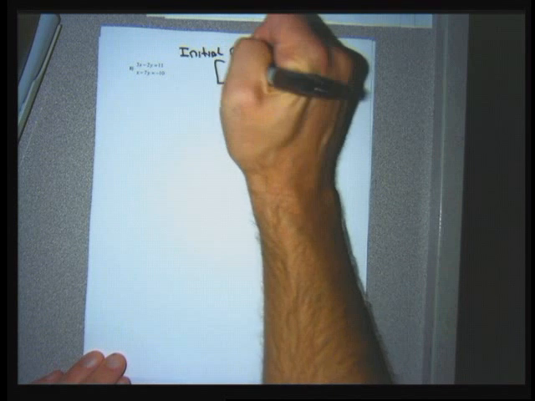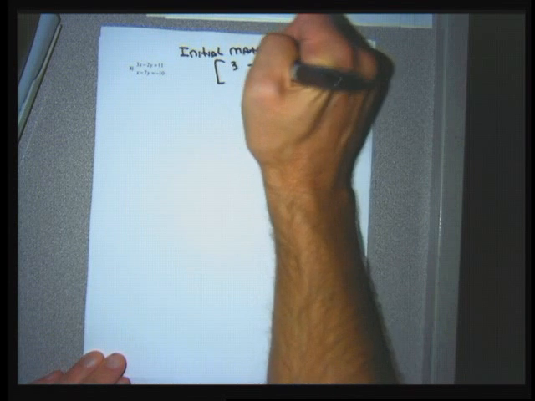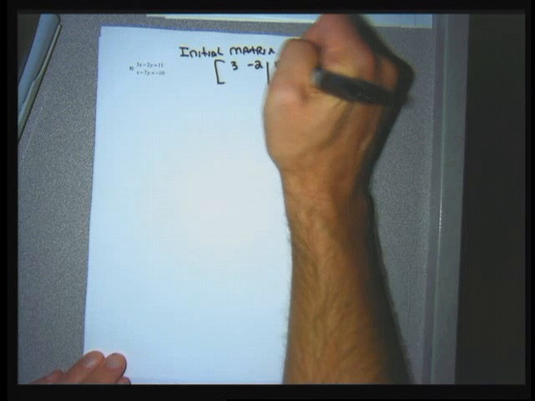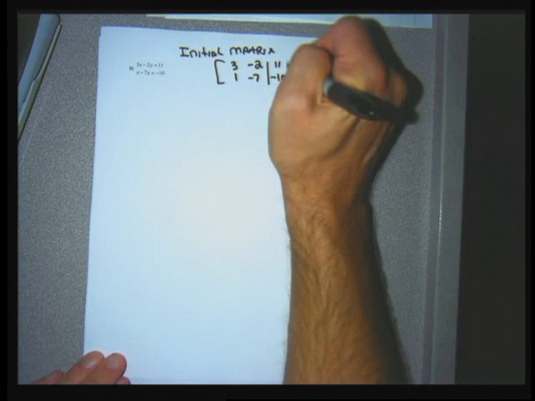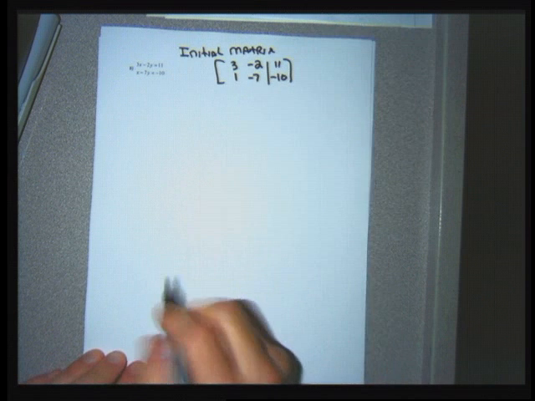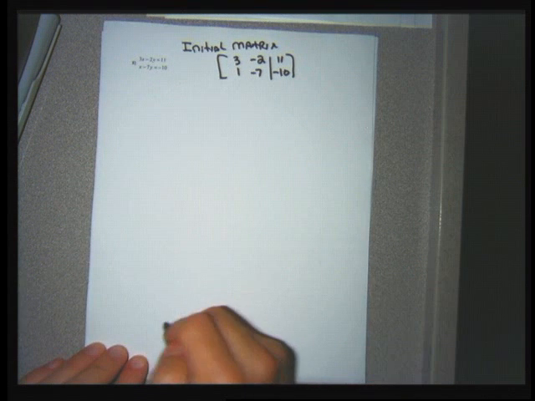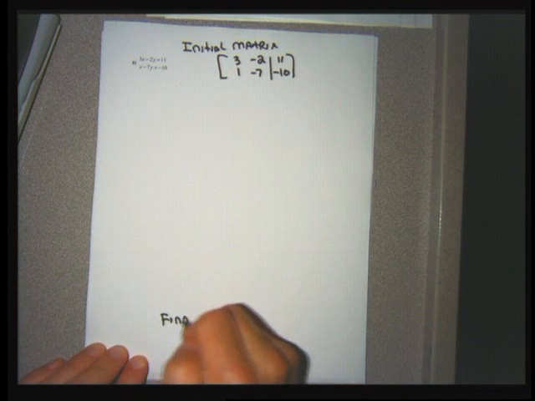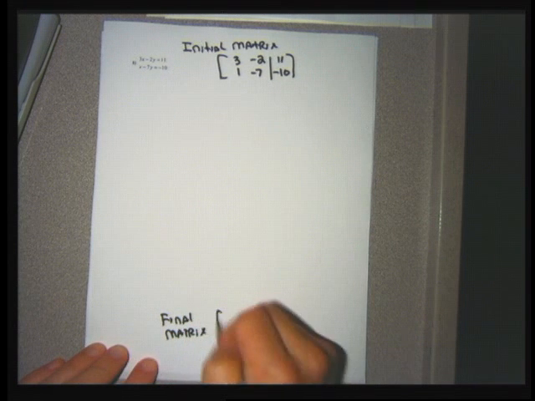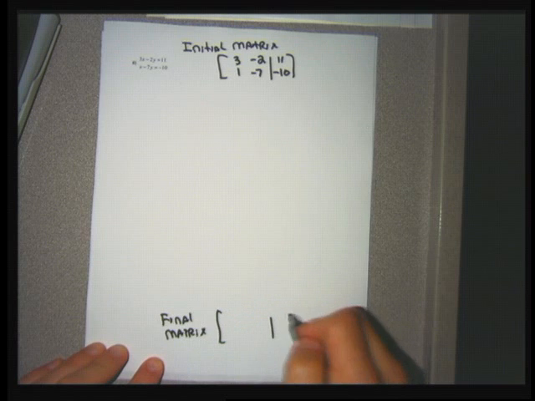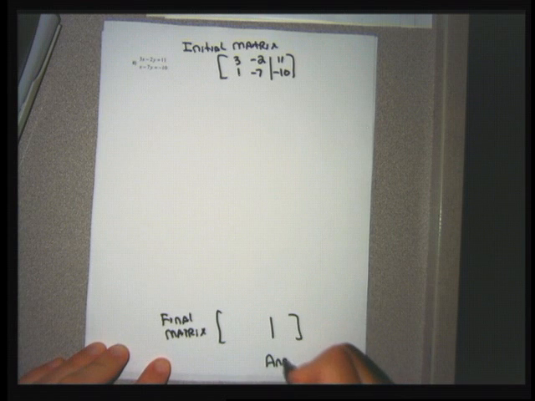My initial matrix is going to be 3, negative 2, 11, 1, negative 7, negative 10. And then somewhere down here, I'll put a final matrix. And also somewhere down here, I'll write my answer.